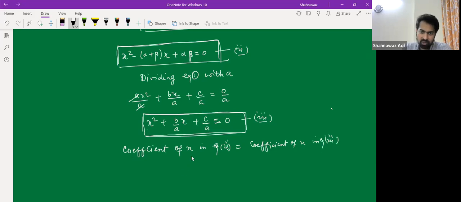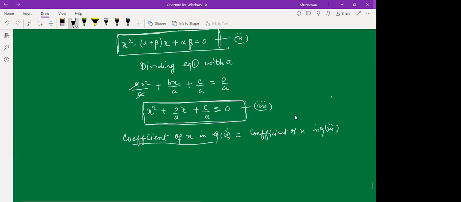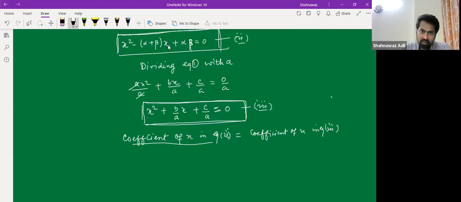So what is the coefficient of x in the second equation? Minus alpha plus beta, right?